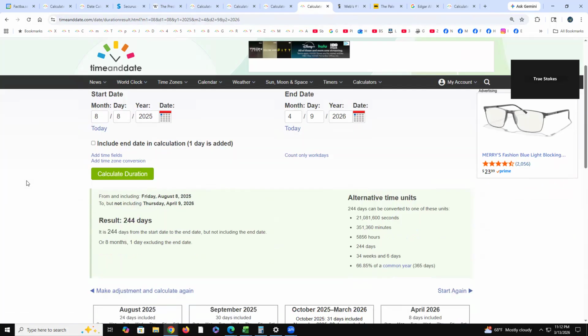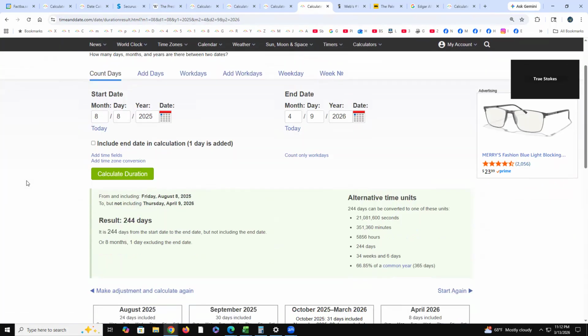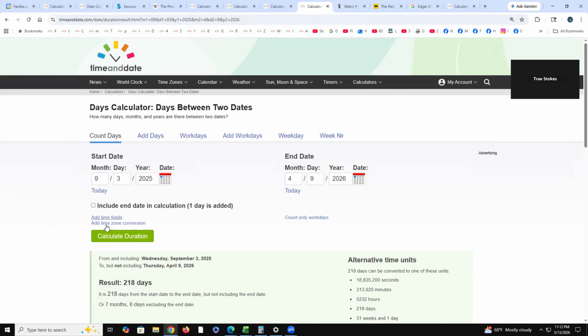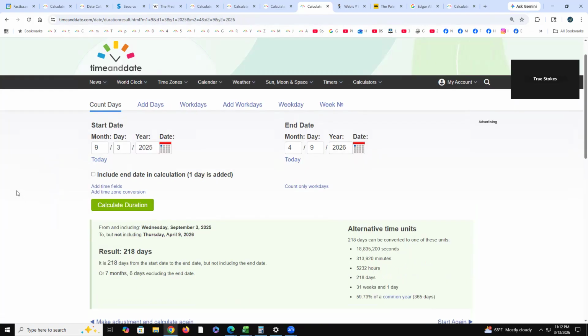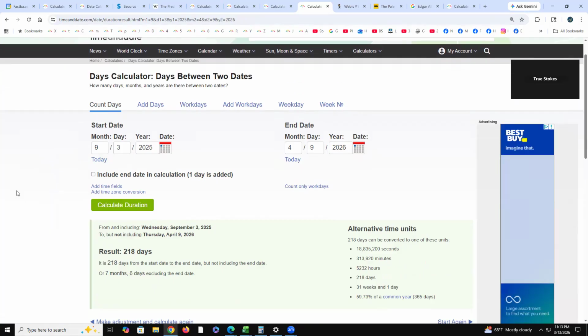244 and 34 weeks. And then its other release date for the second half was on September 3rd, and it's 218. 6 plus 6 plus 6 is 18. It's 31 weeks, 1 day.